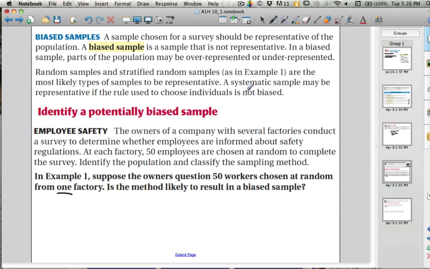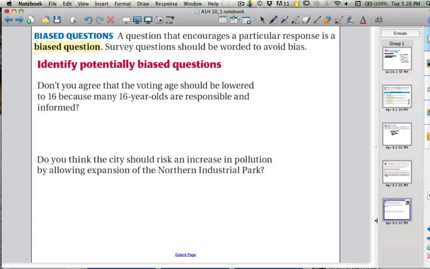When we talk about questions, these are potentially biased questions, and let's look at why they're both biased. "Don't you agree that the voting age should be lowered to 16, because many 16-year-olds are responsible and informed?" Right here, they're giving the rationale for lowering the age within the question.